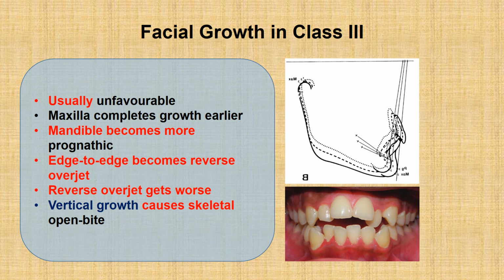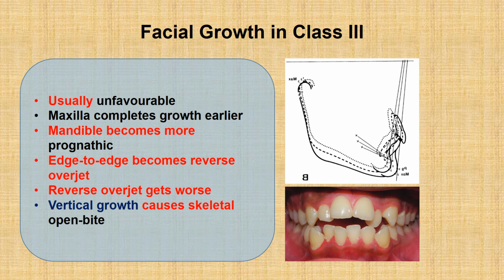Now, a word about facial growth in class 3. Usually, continuing facial growth in class 3 cases is unfavorable. The maxilla completes growth earlier than the mandible, and any continuing growth mainly affects the mandible, and the mandible tends to become prognathic.